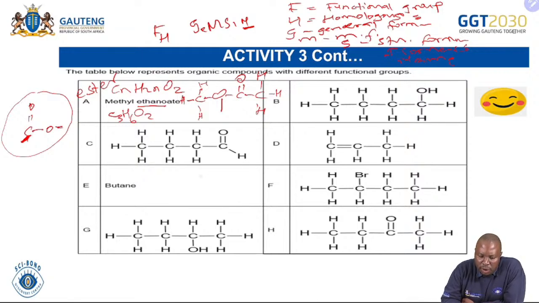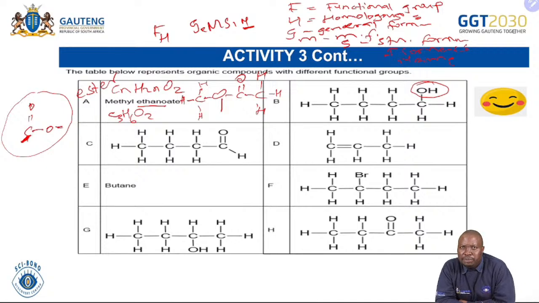Now we are saying look at number B as well. You will start and say, what is the functional group? OH. Remember I said the structural formula should show all the bonds between oxygen and hydrogen. So now we have the OH there, which makes it an alcohol. So the functional group is OH, which is the hydroxyl group.